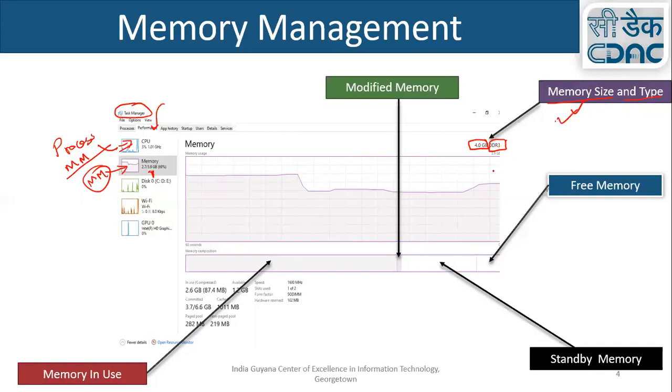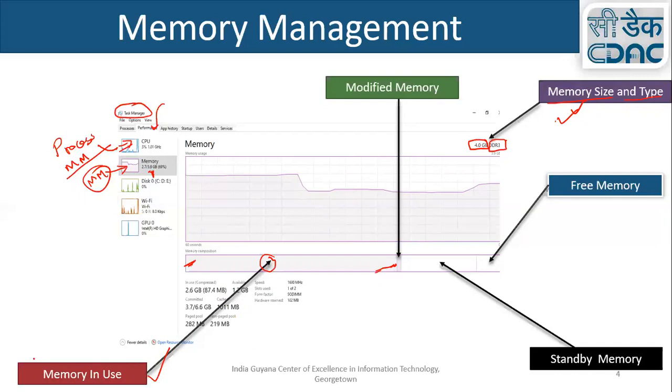Now let's see this part, from this location up to this location. This is known as memory in use. That is allocated to a particular process.